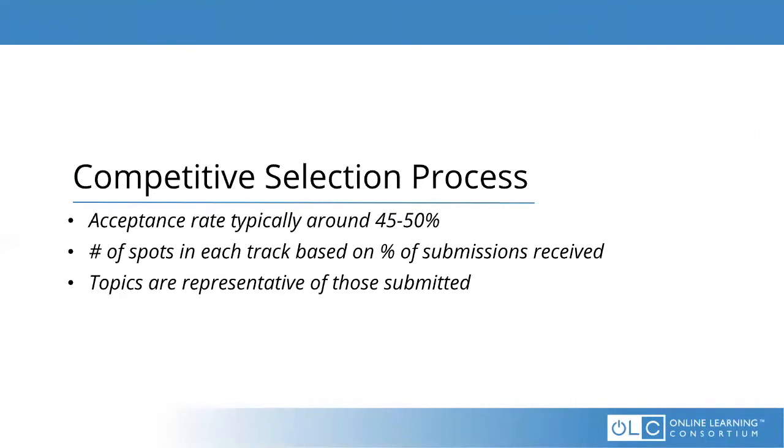For example, if the leadership track receives 12% of the total submissions, they would receive about 12% of the available slots in the conference program. The same thing with the session types. So if 25% of the session types received are gamified sessions, the new session type, then we would allot approximately 25% of those slots available to that session type.